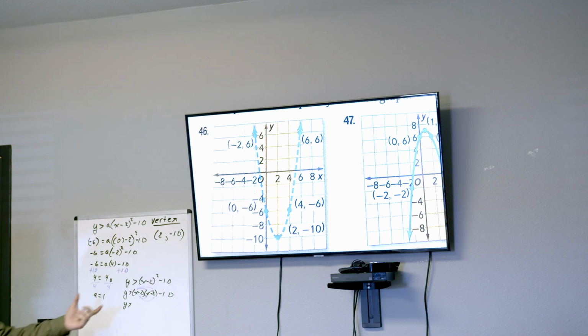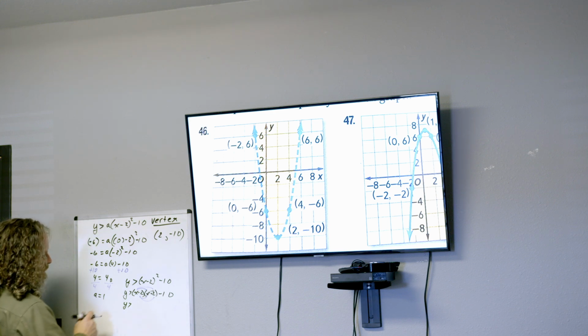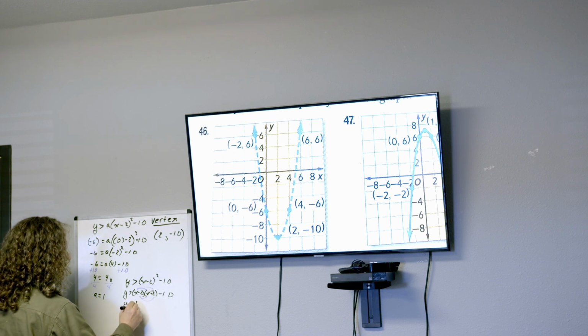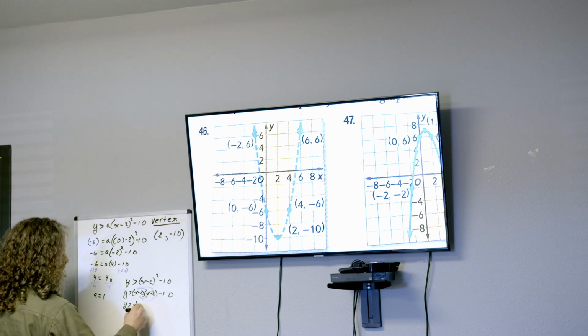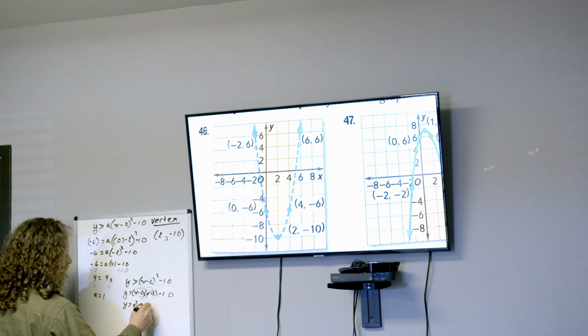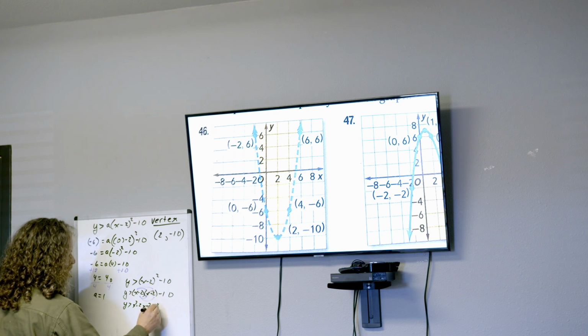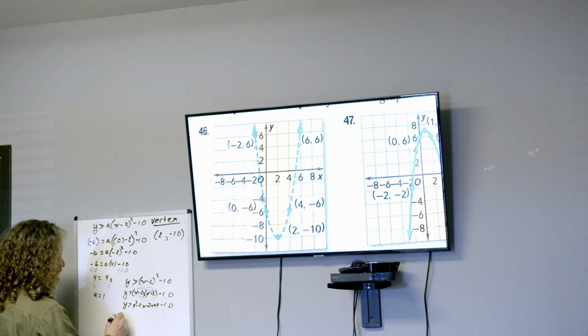But I can just look at this and tell you that it's going to turn into x squared minus 4x plus 4 already, but I'm not going to push you there yet. And then x times negative 2 is negative 2x. Negative 2 times x is negative 2x, plus 4 minus 10.